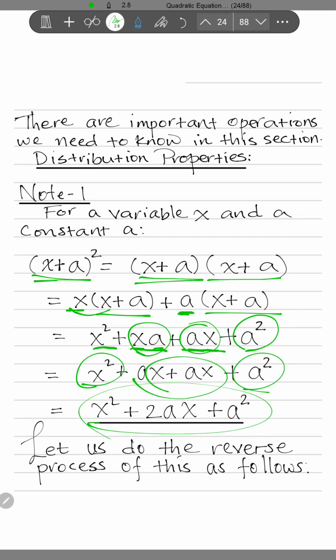So x plus a, the whole square, is equal to x squared plus 2ax plus a squared.